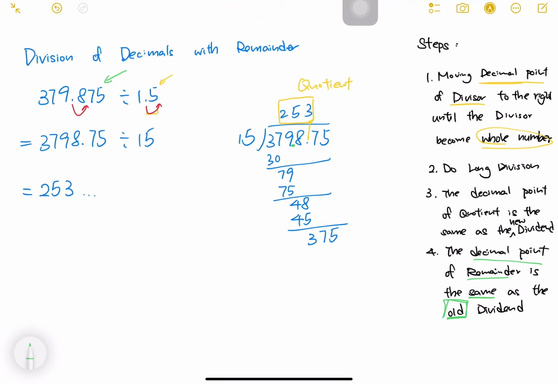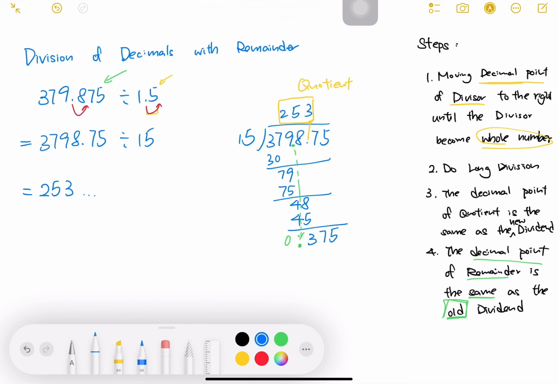We just mark it in the long division, and then we move it down until it reaches the remainder part, and then we can put the dot right here. If you see there's some space between the dot and the number, you can add a 0. Otherwise, you can just keep it like that. Before the decimal point, you can just add 0, or you can leave it out. It doesn't matter. They both give the correct answer.